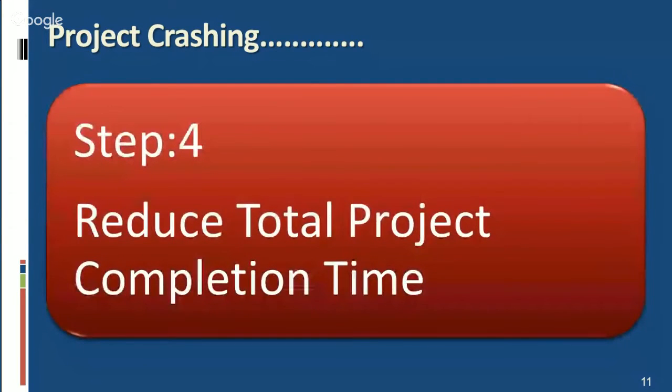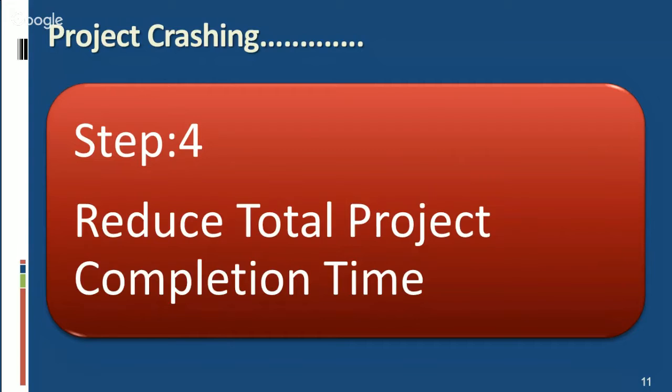Step 4. For reducing total project completion time, identify and crash an activity time on critical path with lowest cost slope down to the point where another path in the network becomes critical or the activity has been crashed to its lowest possible time.